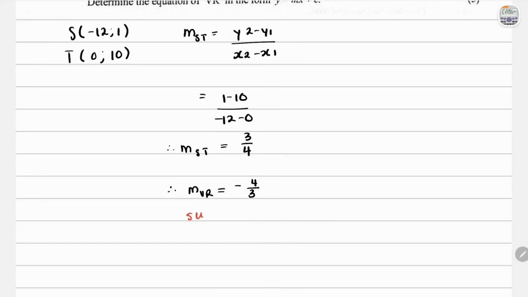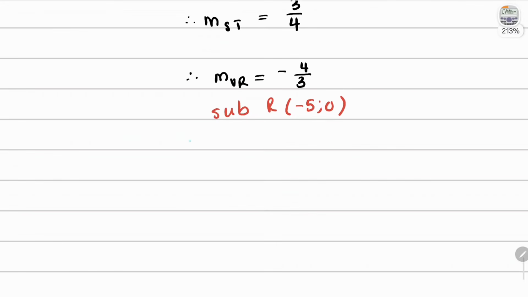So we're going to substitute this point, the point R. You can use y equals mx plus c, or you could use y minus y1 is equal to your gradient, which is -4/3, and then x minus x1. So this is going to serve as our x1 and our y1.